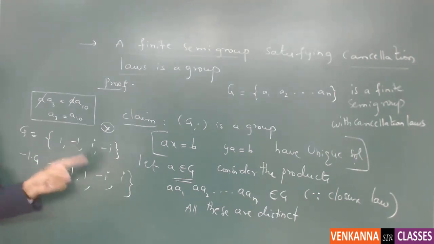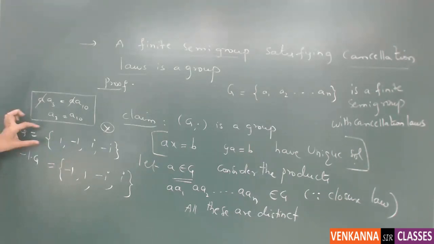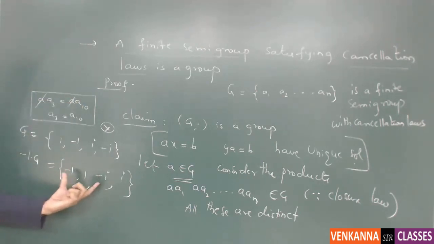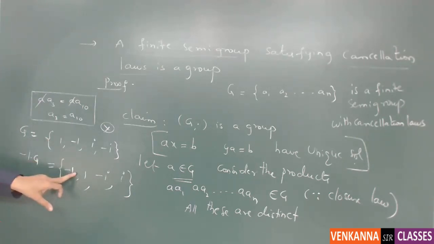And all these values belong to the actual set G, right? So if you observe that, the interesting thing is these two sets are equal. That means the elements in this set are the same as the elements in this set. Maybe the order is different. Here the first element is 1, the second element is 1 here.